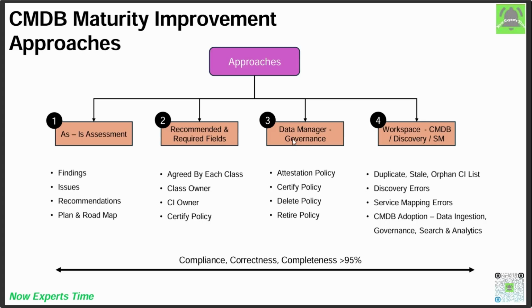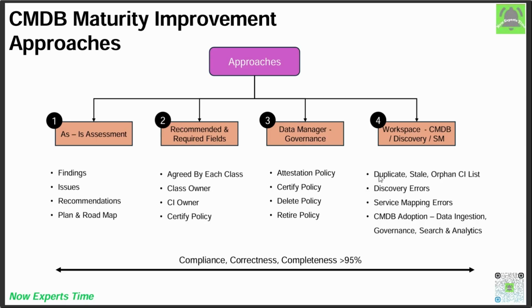So use or configure those policies, and based on the policy, put your governance on your CIs. And the normal things are that duplicate CIs are there, stale CIs are there, orphan CIs are there, some discovery errors and service mapping errors are there. So CMDB-related governance and search analysis, some of the graphs are already available in your CMDB workspace. You need to focus on those areas, and whatever problems they showcase there, you need to resolve them so that the CMDB maturity will improve.